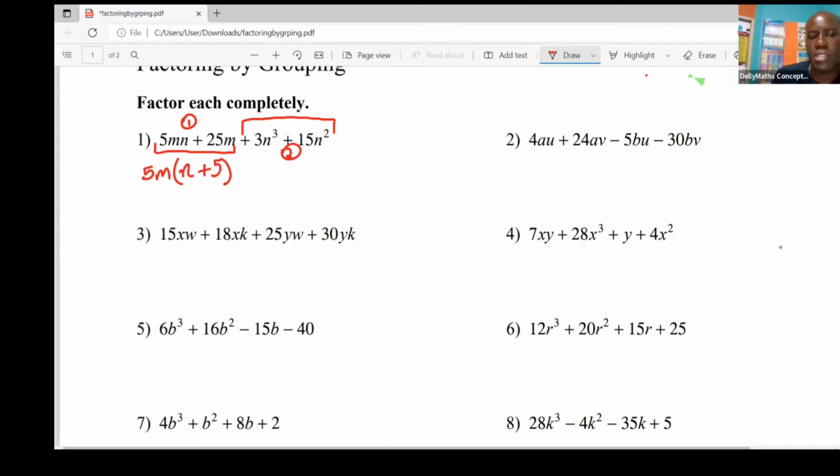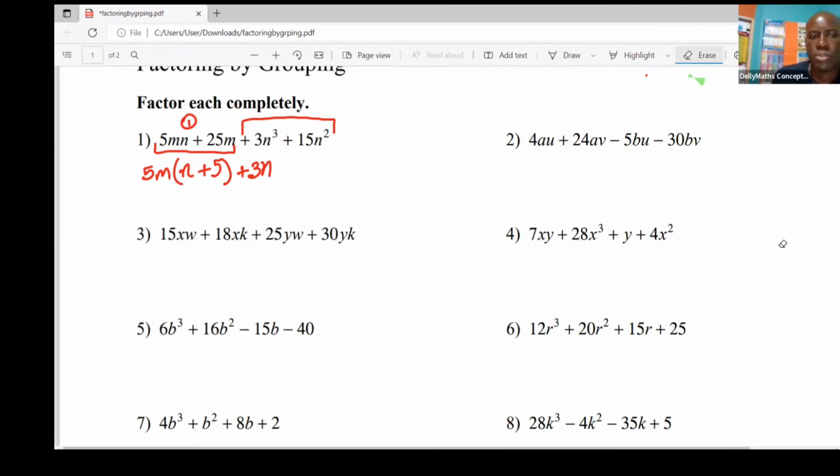What we're going to do now is factorize group 2. While looking at group 2, we want to make sure that the two brackets would come back. The highest common factor of group 2 is positive 3n to the second power. Remember that whenever you're choosing a letter, make sure that you use the lowest power in the situation.